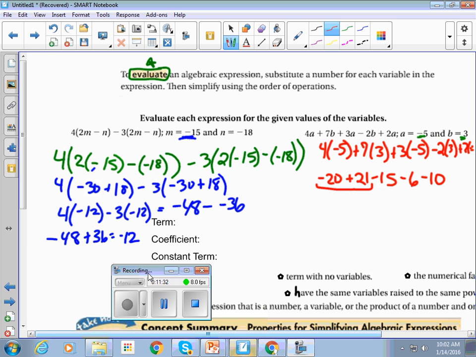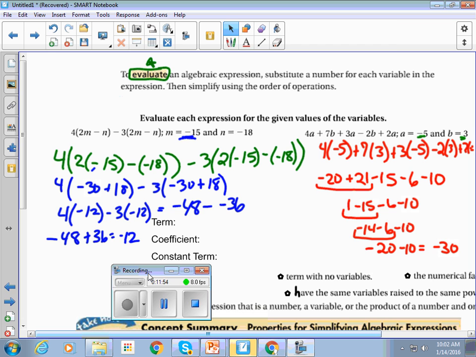Negative 20 plus 21 is 1. 1 minus 15, negative 14. Negative 14 minus 6 is negative 20. Minus 10 is negative 30. Check my math. Did we do that right?